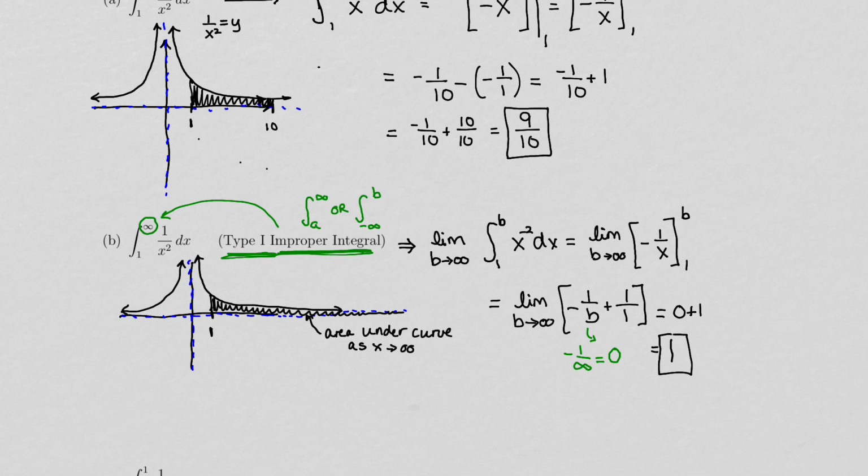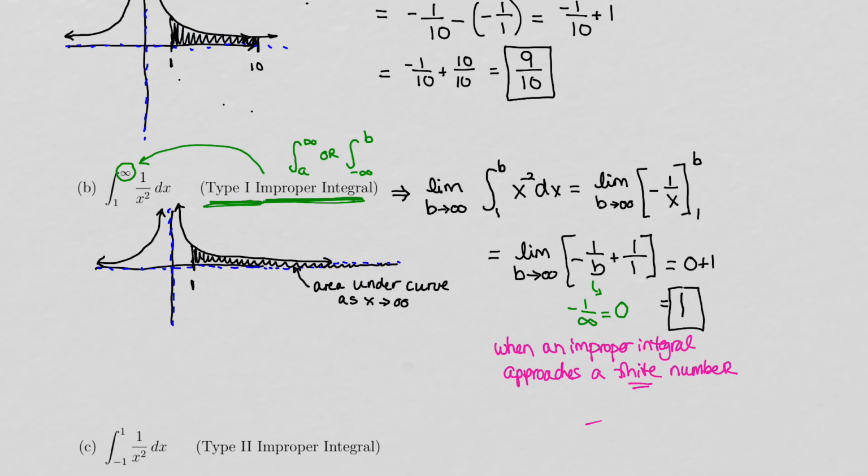When an improper integral approaches a finite number, we say that the integral converges. So when an improper integral approaches a finite number, in this example it approached 1, we say the improper integral converges.